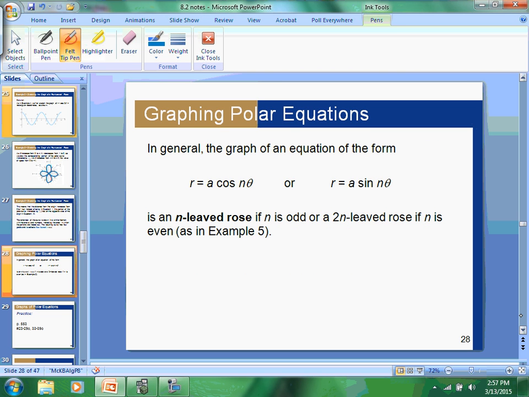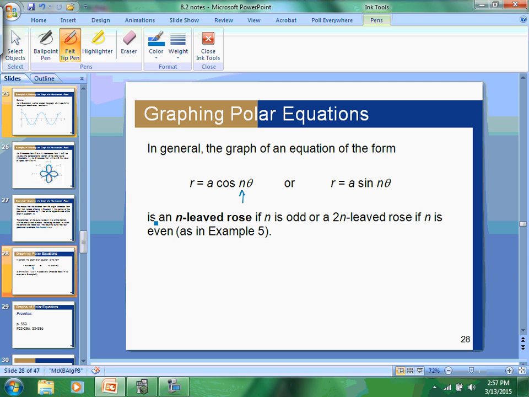Here is where they talk about how you know if you have an even or odd number of leaves. All of the rose type of equations are going to follow this format, the A cosine n theta. So we had cosine 2 theta. And that number that stands for the n tells you if it's going to have an even or an odd number of leaves.